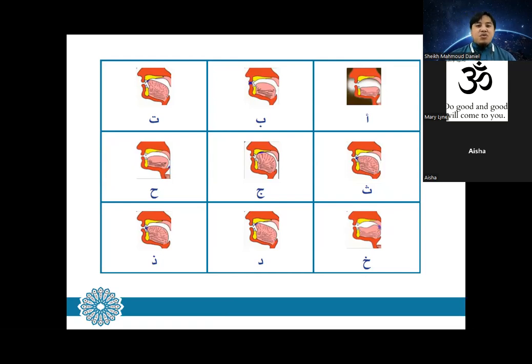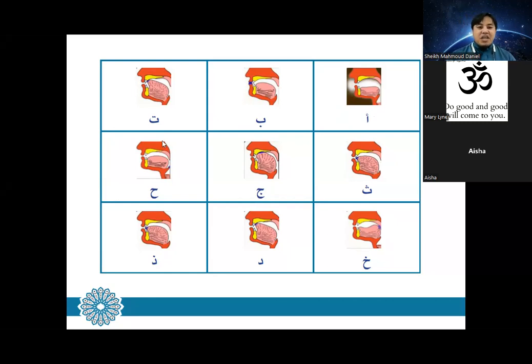So it is showing to you the place of the tongue when we are going to pronounce any of the letters of the Arabic alphabet. So as you can see, from alif until ya, try to look at the picture, the position of the lips, the position of your mouth and the tongue, how we are going to pronounce the Arabic alphabet from alif to ya, inshallah.